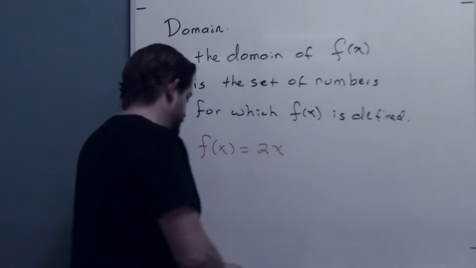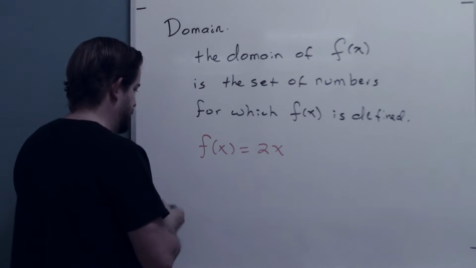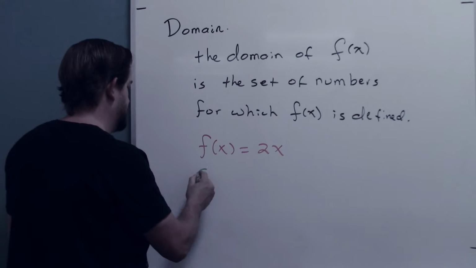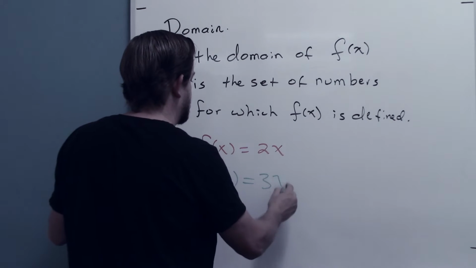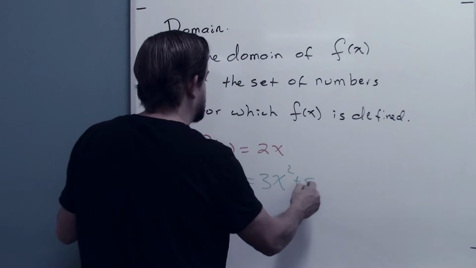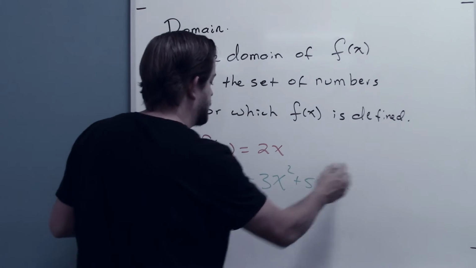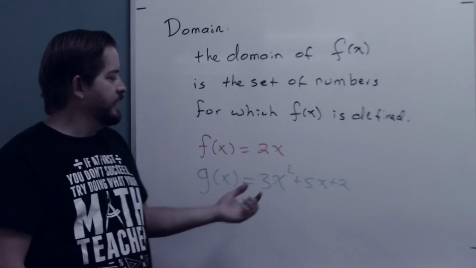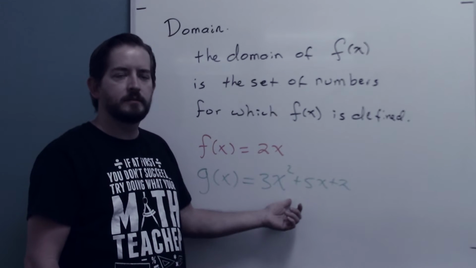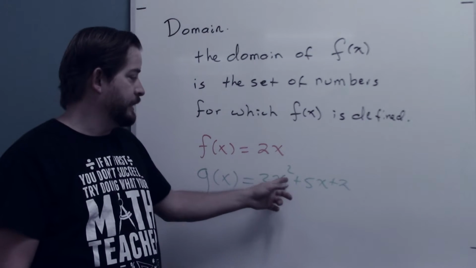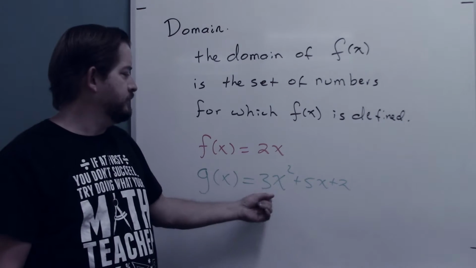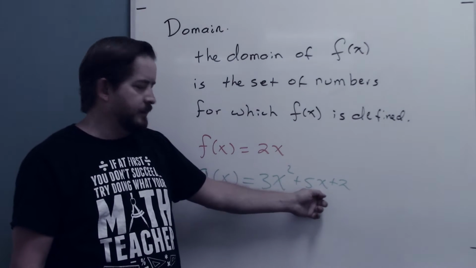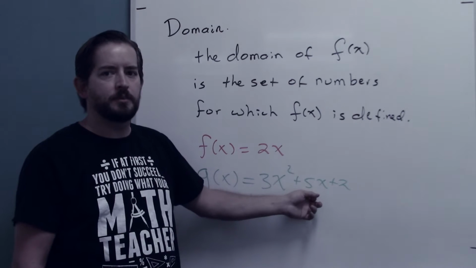If we get a little bit more, let's say I have some g of x, let's call it, is 3x squared plus 5x plus 2. Is there any number that I couldn't square? I could square any number, multiply it by 3, and multiply another by 5.